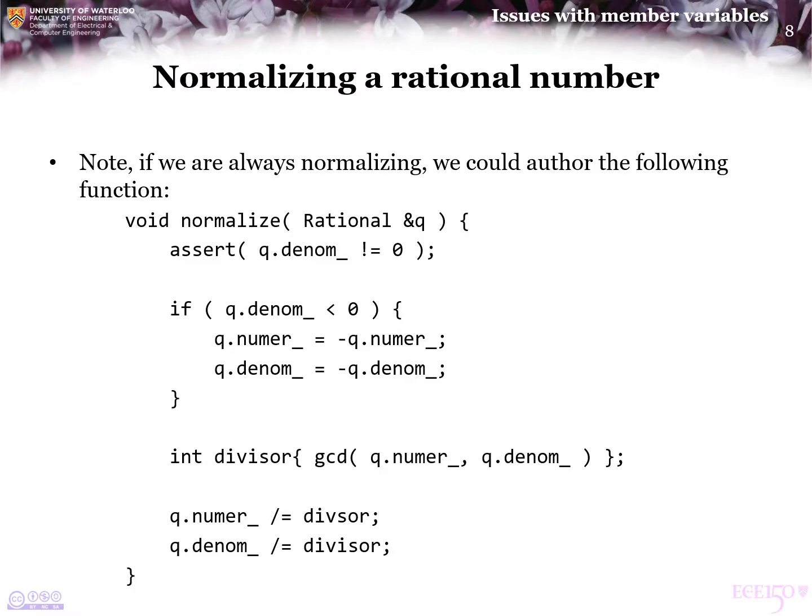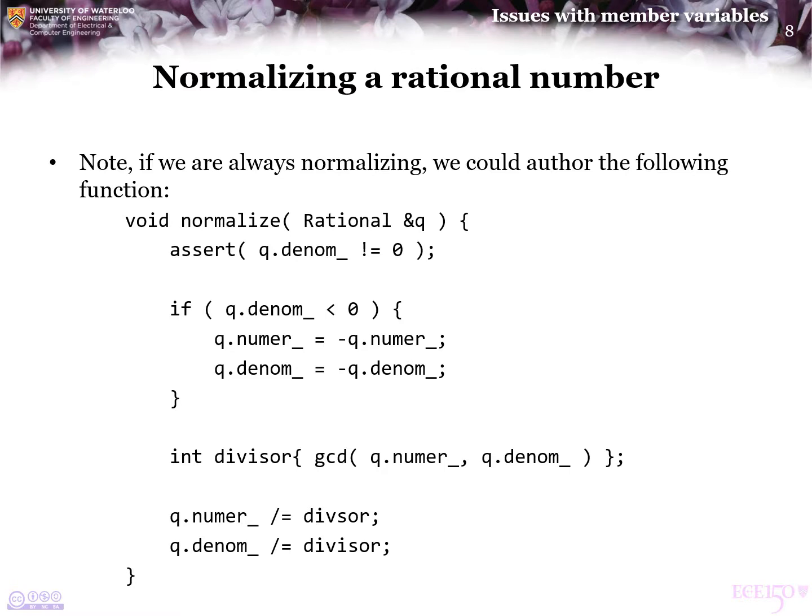Now, one interesting point is we could ensure normalization in our functions rather than doing it separately every time by authoring the following function that takes a rational number, checks that it's in appropriate form, that the denominator is not zero, and then converts it into a normal form.